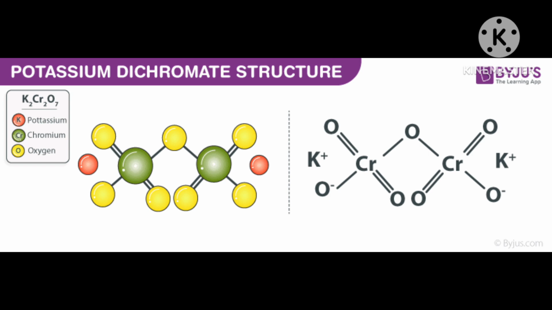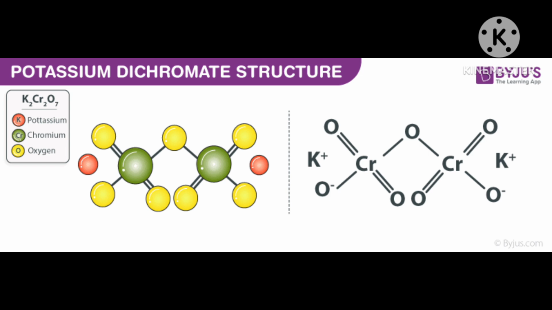Reaction: I am telling you, this MnO2 is fused with KOH and oxidized with air or potassium nitrate, because it will give oxygen. Same as the reaction I discussed above. Then MnO2 fused with KOH and oxidized with air or potassium nitrate will give MnO4 2 minus.